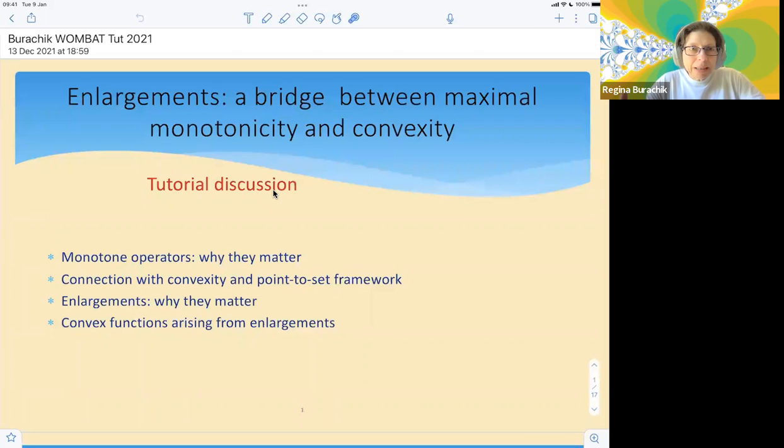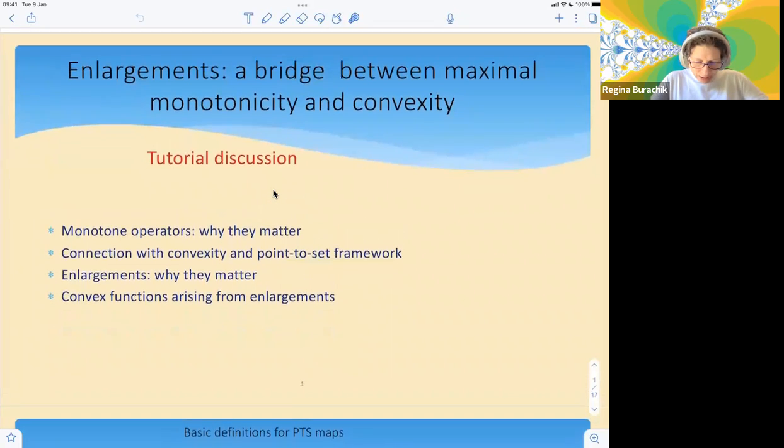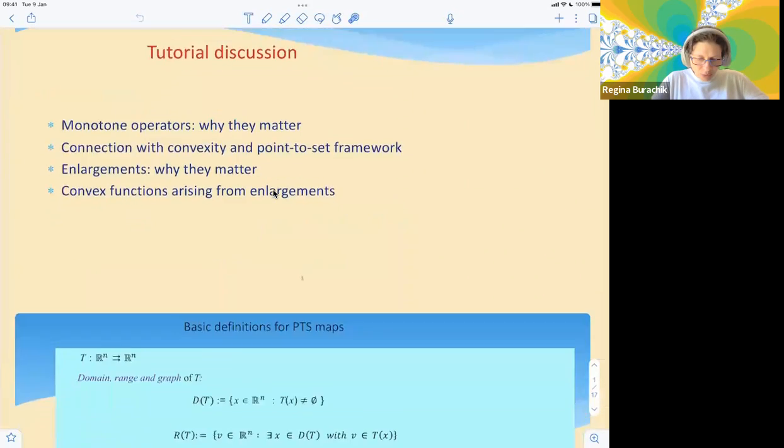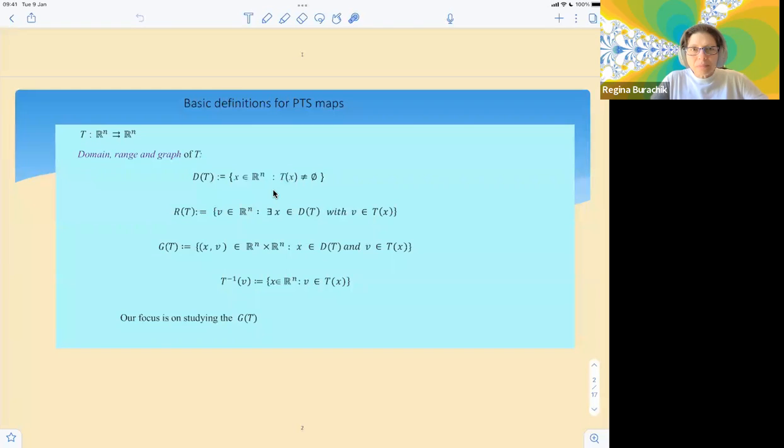And the bridge that I want to show you is, again, going back to my talk in the morning about the link between maximal monotonicity and convexity. But I will start mentioning what are maximally monotone operators and why they matter.